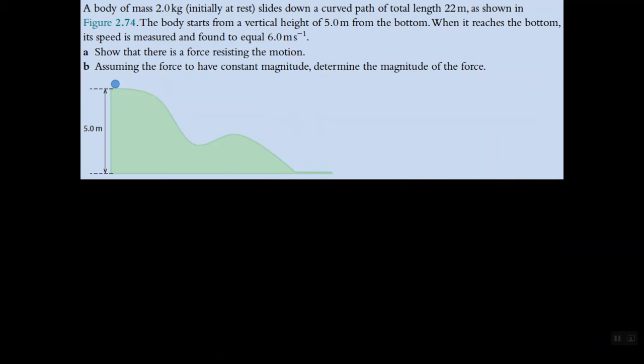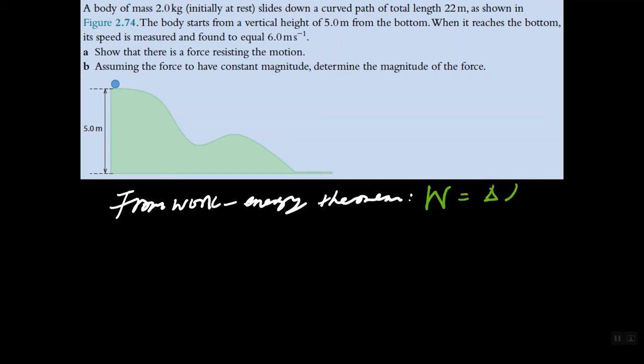Part B. Assuming the force to have a constant magnitude, determine the magnitude of the force. We already know the work done by the friction actually. Work done by the friction is the final kinetic energy minus the initial kinetic energy. So we're going to use the work energy theorem, which is work done equals change in kinetic energy.